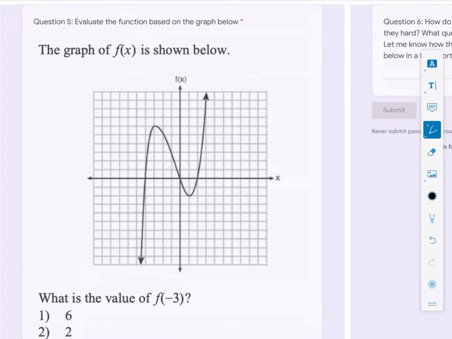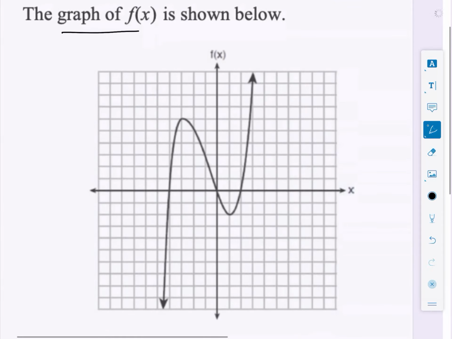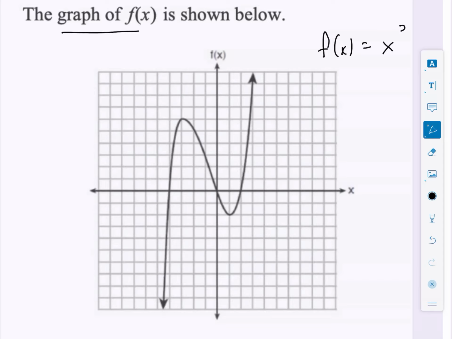And moving on to my last question. It says evaluate the function based on the graph below. We have the graph of f of x, which happens to be a cubic function, meaning that it's something raised to the third power, a cubic function. And it really has 3 zeros.